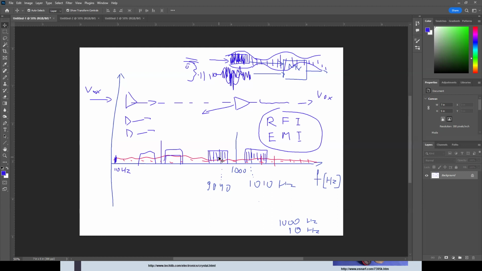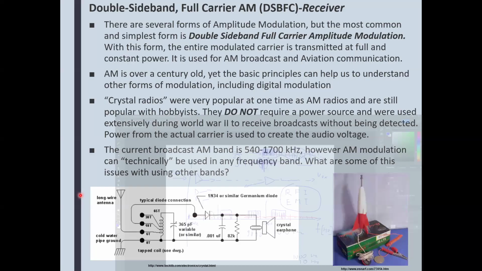What would be the advantage of this? Well, you can pack the channels closer to each other. So the transmission could be the upper sideband transmission, or lower sideband transmission, or full carrier or double sideband.